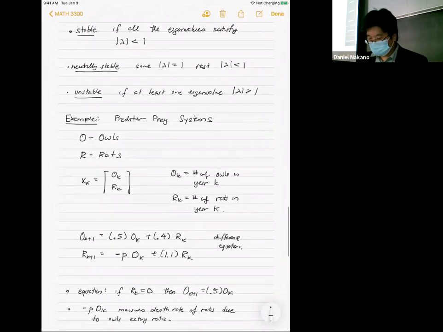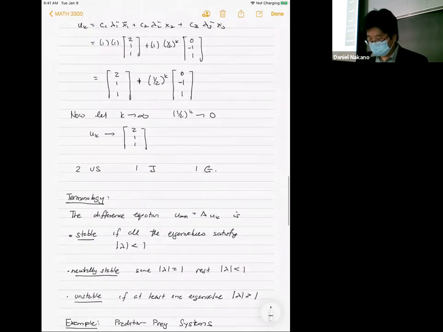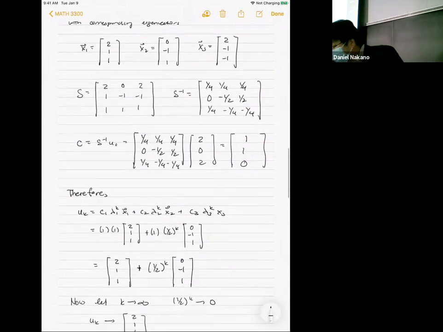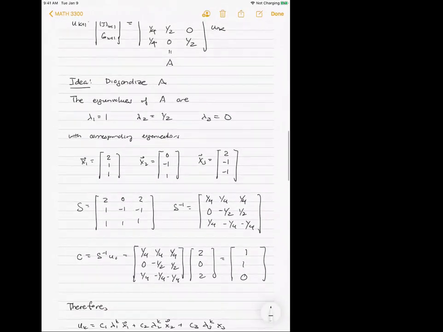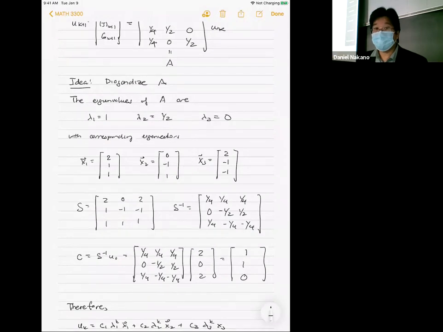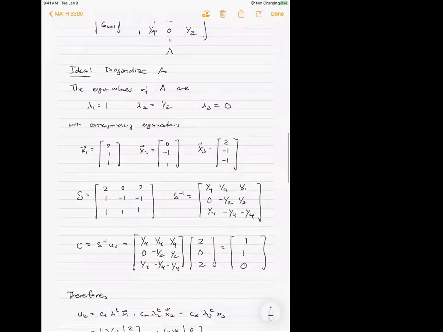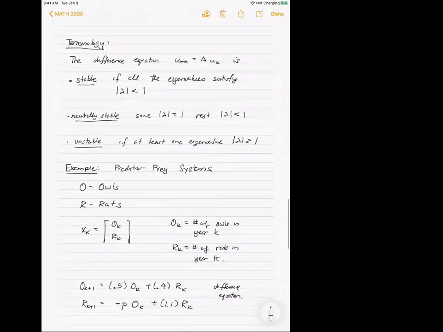What did we do in the last problem? Well, we found a similar matrix. So how do we find the similar matrix? What information do we need? Eigenvalues. Right, we need to find the eigenvalues.